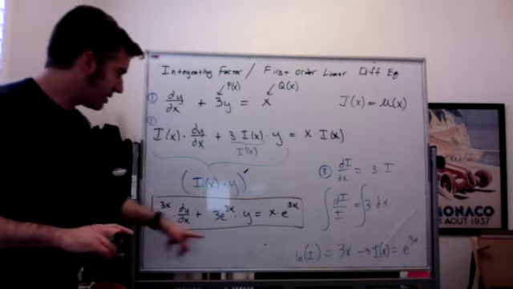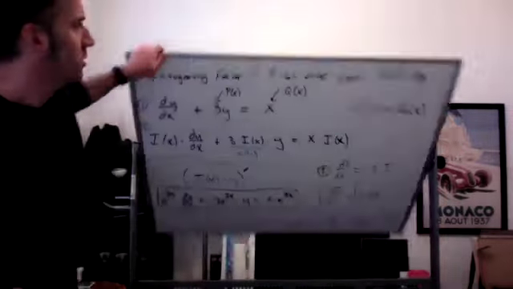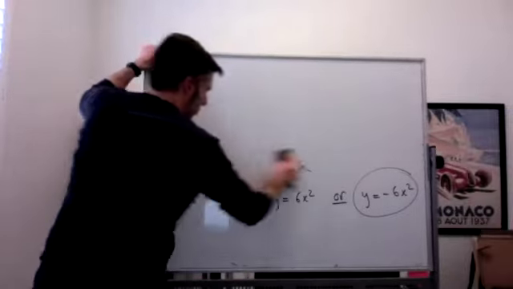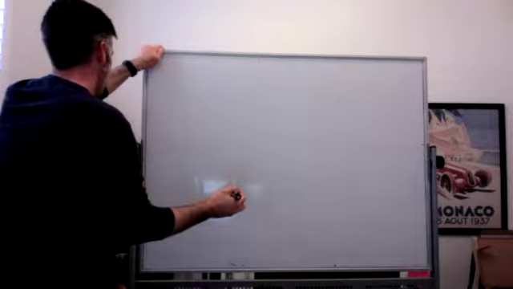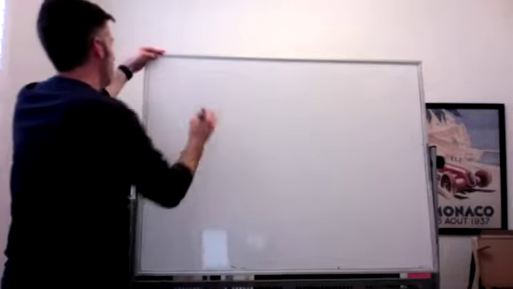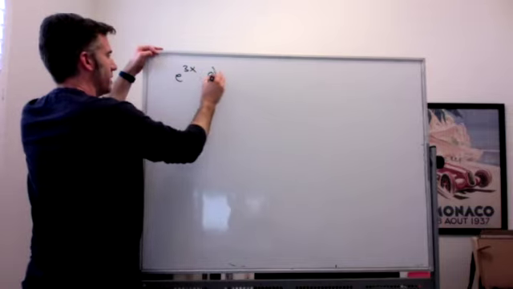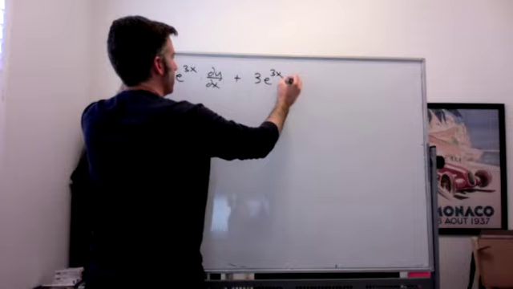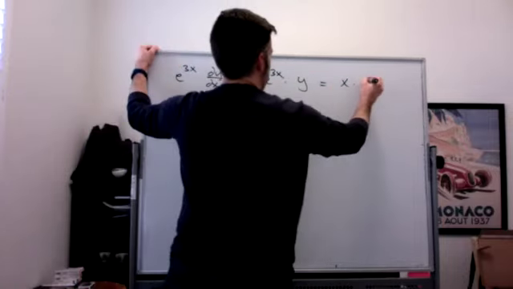Now let me write this on the other side so we can see it again. So we have e to the 3x times dy/dx plus 3e to the 3x times y equals x times e to the 3x.